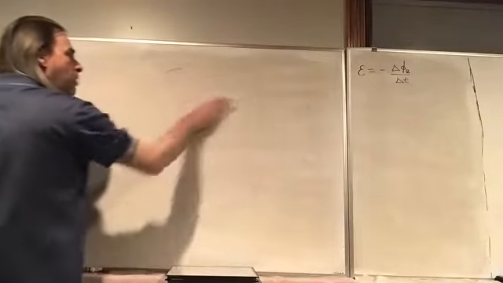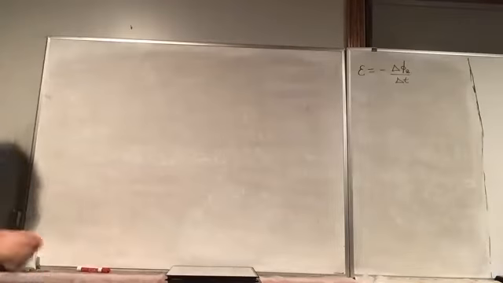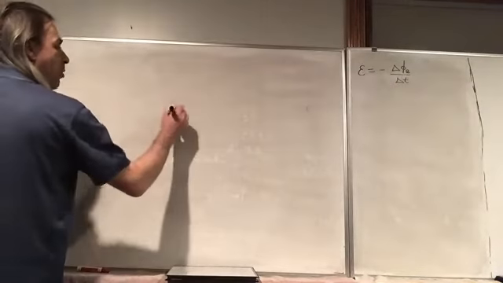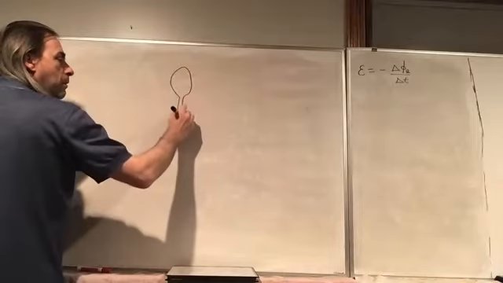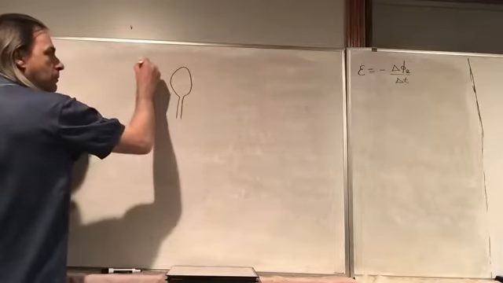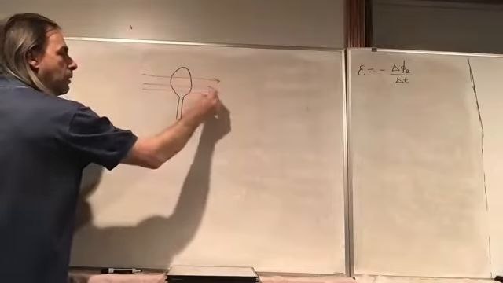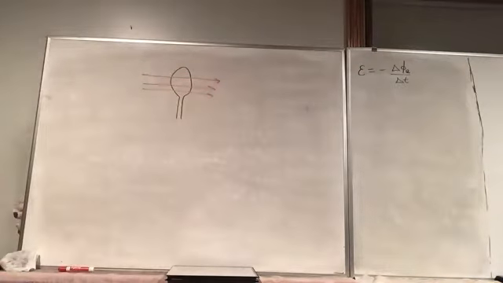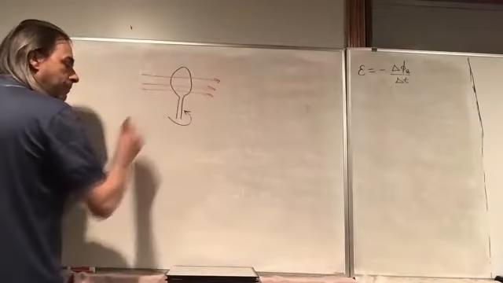Now, an important application of Faraday's law. The most important application really is when we have a rotating coil. So say we have flux like this, we have this coil that can rotate, and we rotate it with an angular velocity omega.